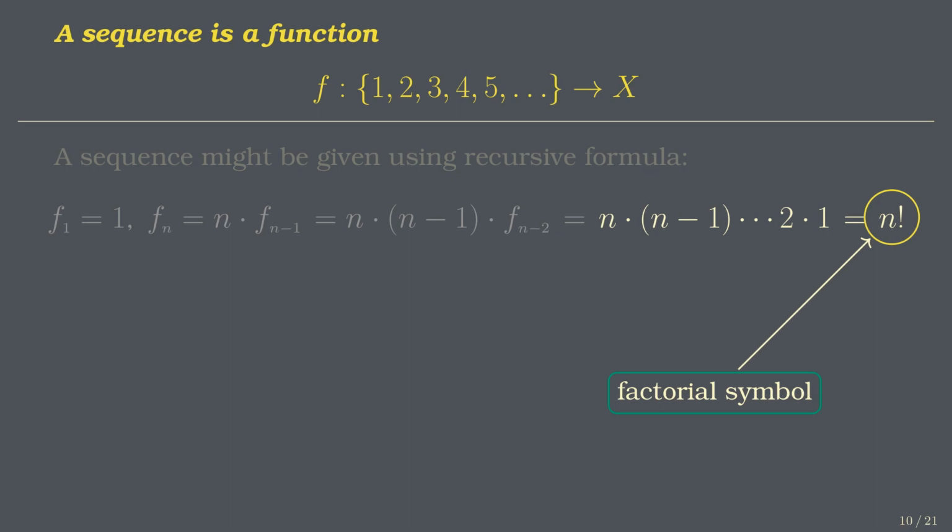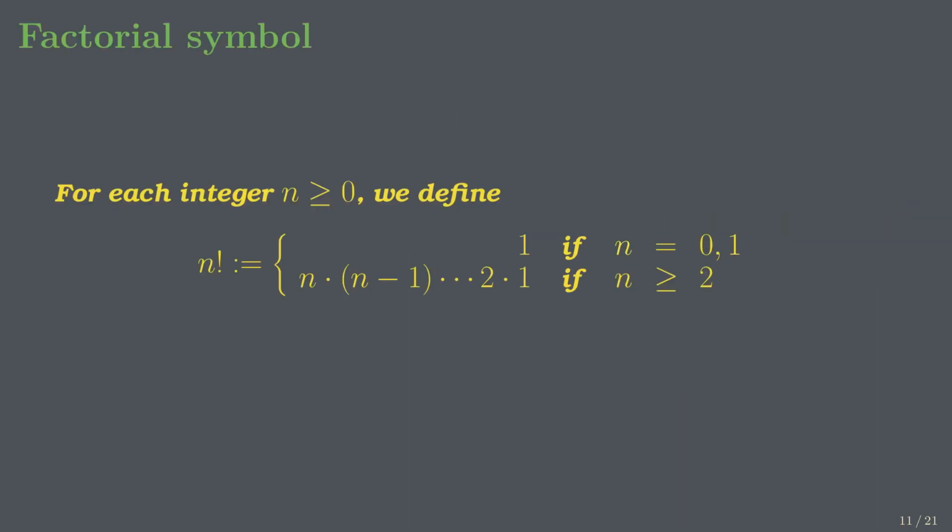So the definition for the factorial symbol is that you can define it for any non-negative integers, not only positive integers. So for n greater than or equal to 0, you define n factorial to be 1 if n is equal to 0 or 1, and it should be the product of the first n positive integers given n is greater than or equal to 2.